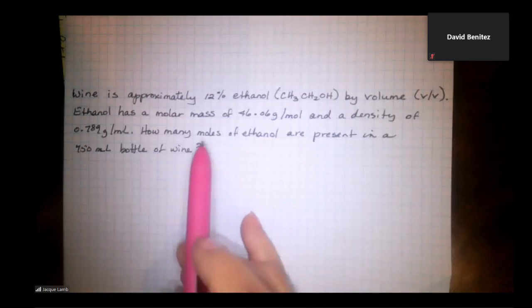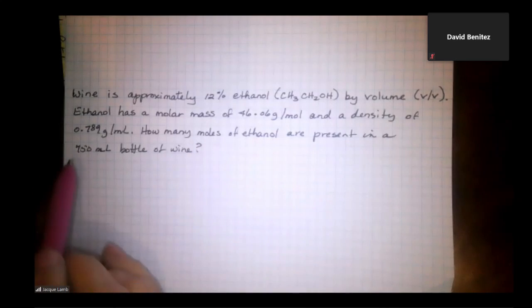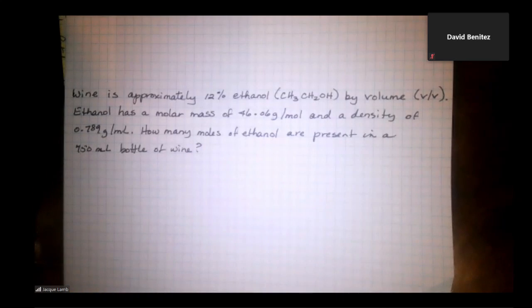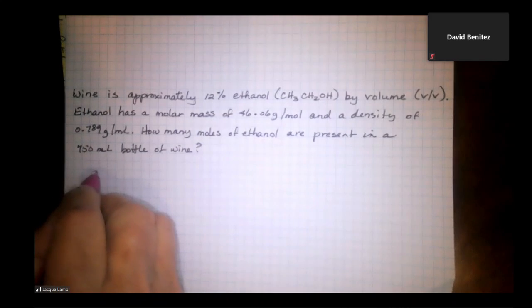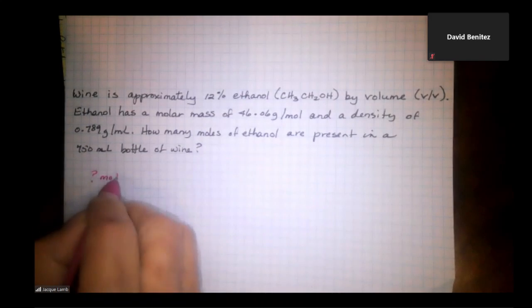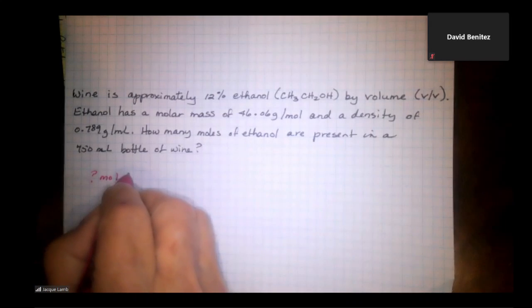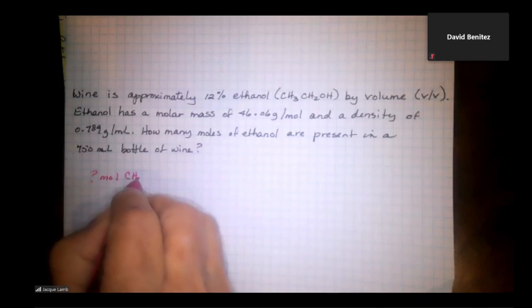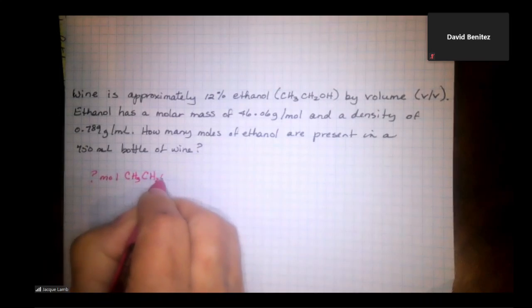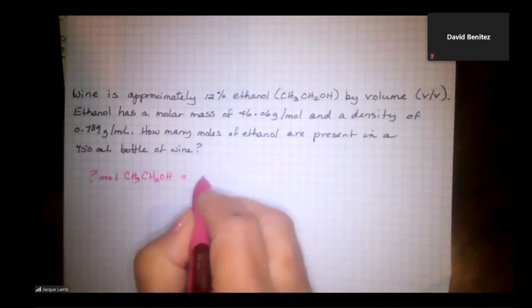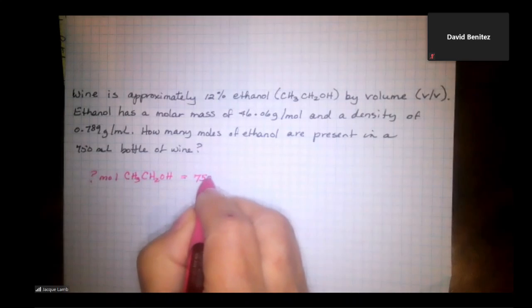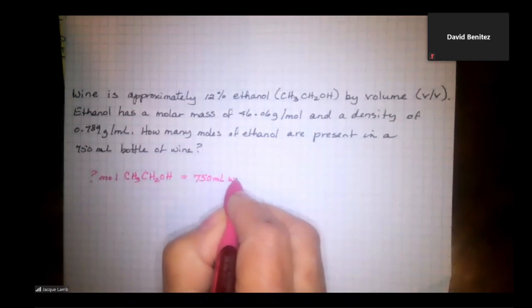So the question is, how many moles of ethanol are present in a 750 milliliter bottle of wine? So let's write our question. How many moles of ethanol, CH3CH2OH, equals 750 milliliters of wine?